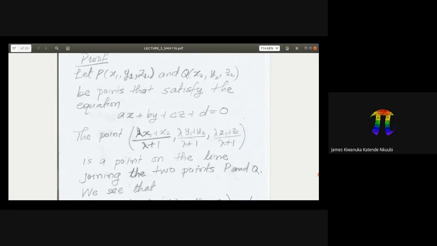Pick a positive number lambda, then (lambda x1 plus x2) over (lambda plus 1), (lambda y1 plus y2) over (lambda plus 1), and (lambda z1 plus z2) over (lambda plus 1) will be a point on the line. So how do we know this is a point on the line?